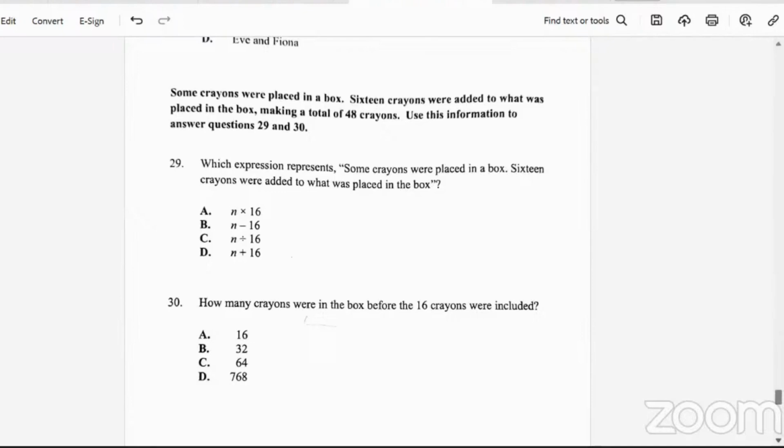Some crayons, that's the unknown, right? We don't know what that is. So they have used N to represent the crayons that we don't know the number of, that were placed in the box. Then 16 crayons were added. So they added 16 to what was in the box. So the answer is N plus 16. The answer is D.